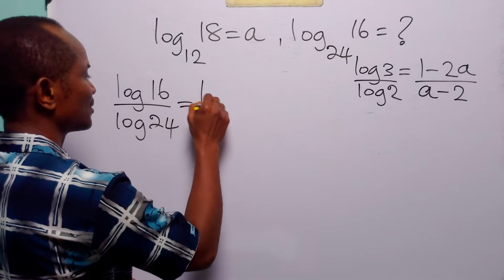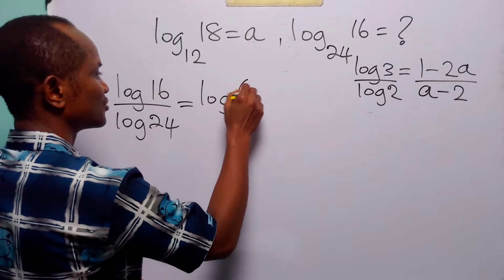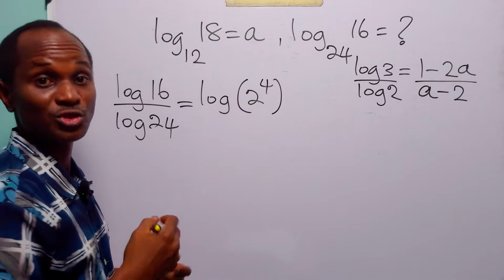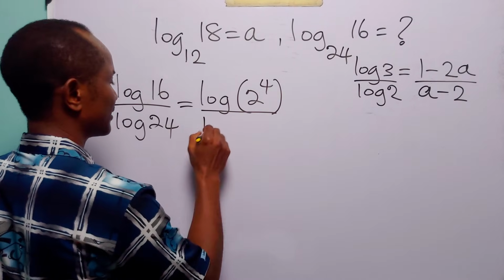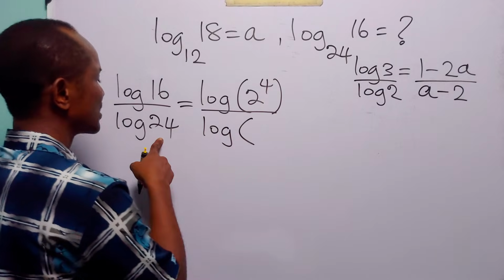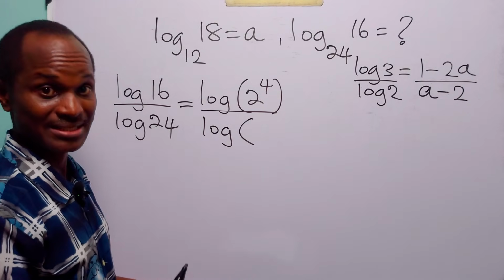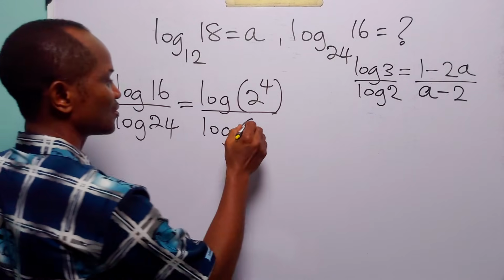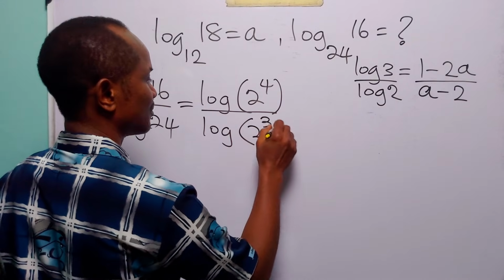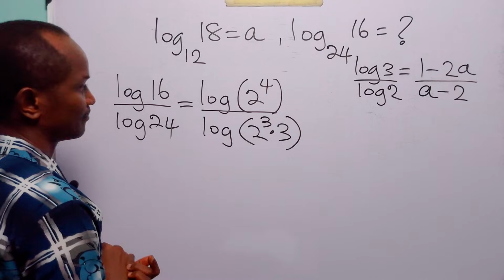So this is equal to log 2 to power 4, of course, you know that 2 raised to power 4 is equal to 16, divided by log 24, which is 8 times 3. And of course, 8 is 2 to the third power. So we have 2 to power 3 multiplied by 3.